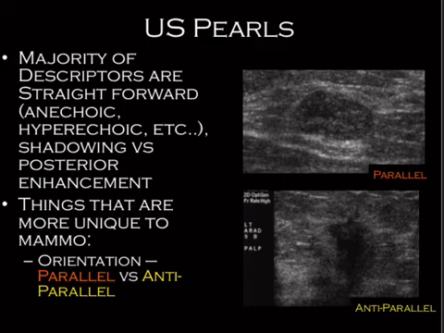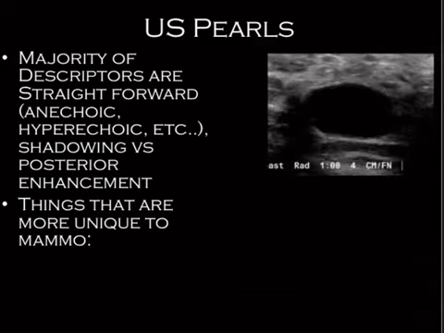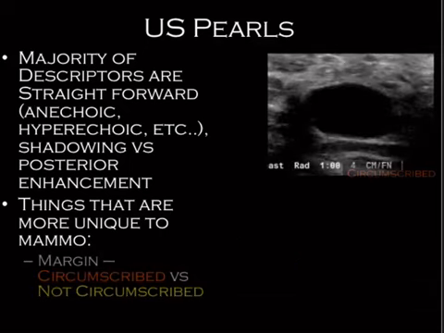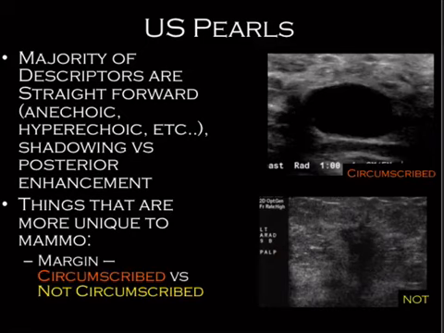Parallel is a descriptor that's used for more benign things. And then whether or not something is circumscribed, like this mass lesion here where you could draw all the way around the edge and has a crisp border, versus this, which is not circumscribed, and non-circumscribed has its own group of descriptors: indistinct, angular, microlobulated, and spiculated.